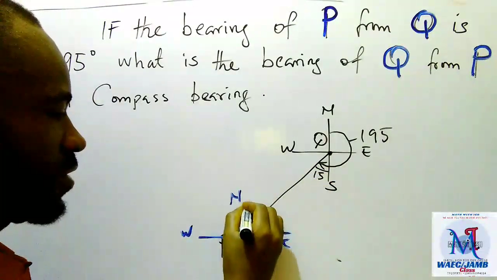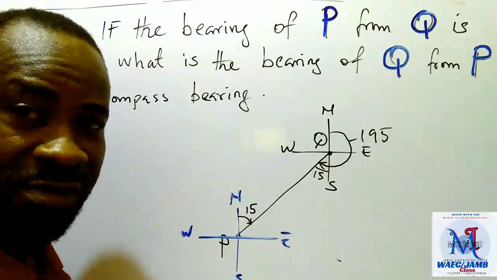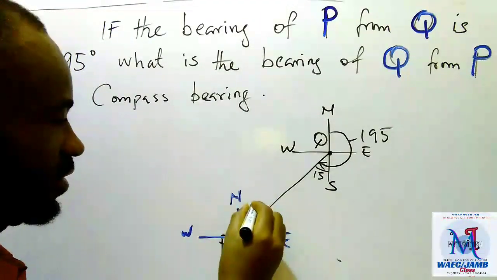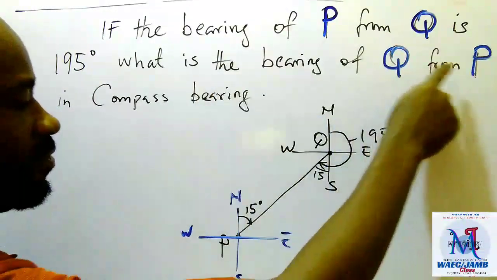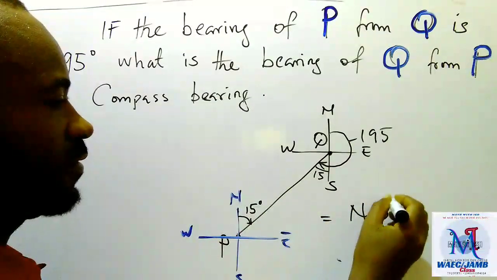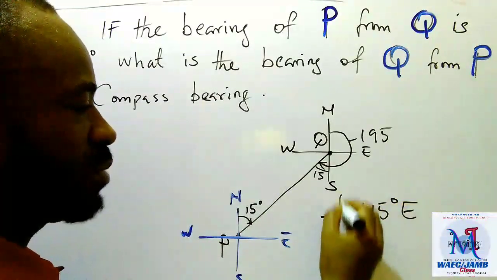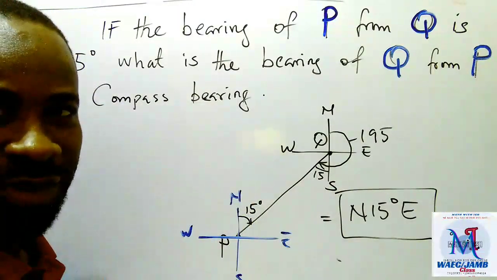And this angle is equal to this one because they are alternate angles. So here is also 15 degrees. Which means that the bearing of Q from P is 15 degrees east. Remember the answer should be in compass bearing.